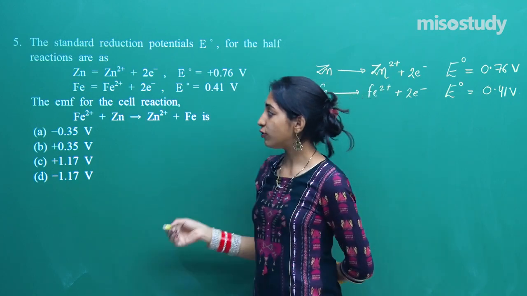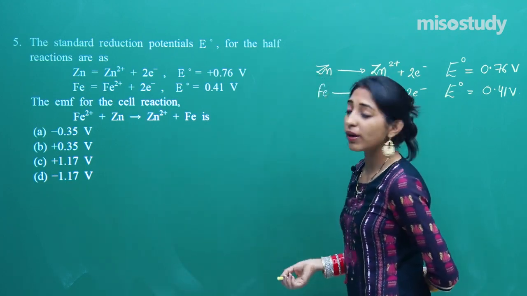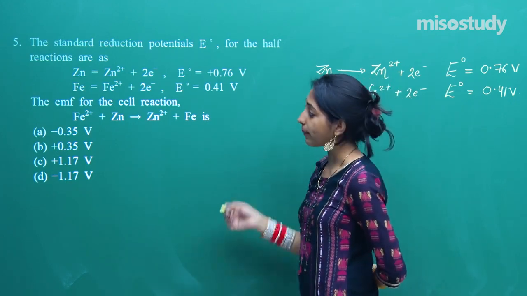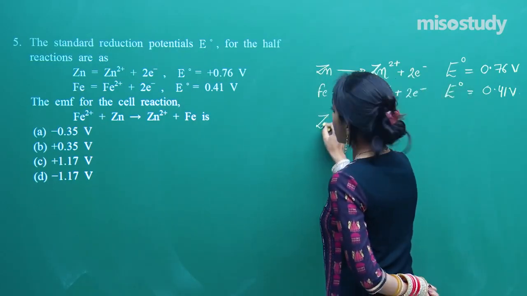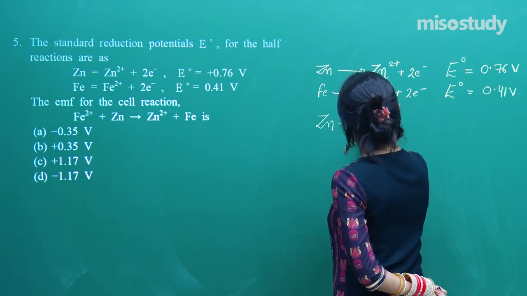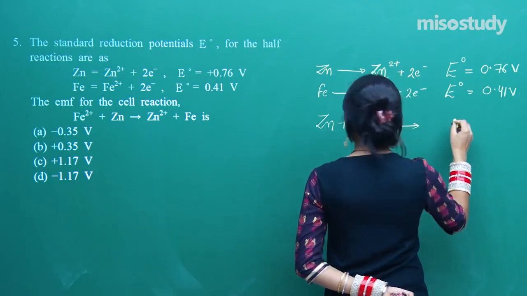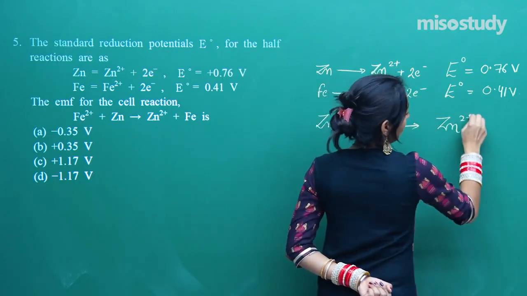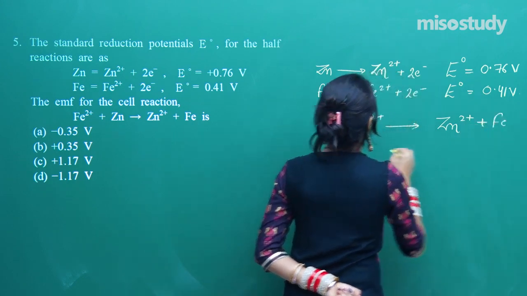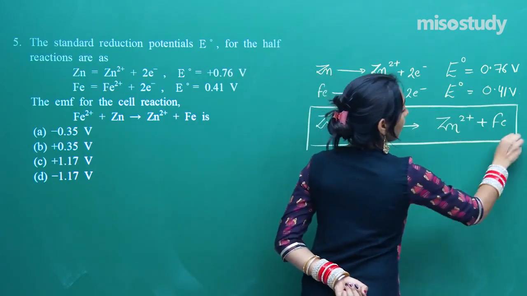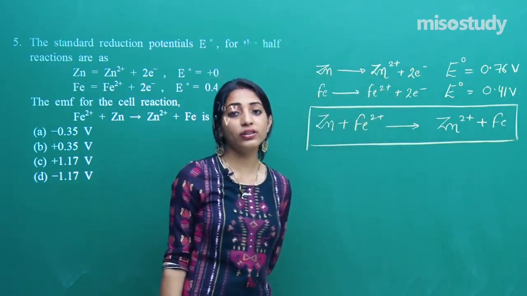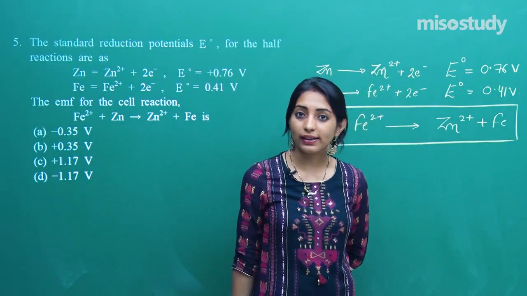Now you simply need to calculate the EMF of the cell. The cell is Zn plus Fe2+ forming Zn2+ plus Fe. This is the cell reaction whose EMF we need to calculate.